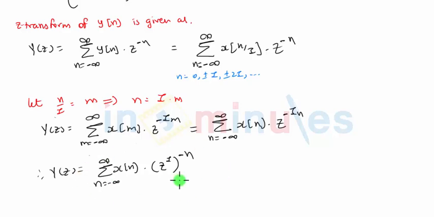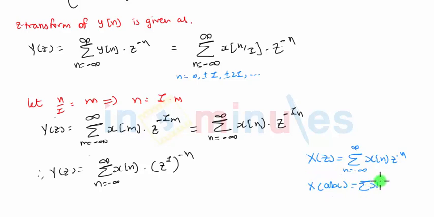If you observe the right hand side carefully, it is nothing but the z transform of x of n. That's simply because the z transform of x of n, X of z, will be equal to summation x of n into z raised to minus n, where n will vary from minus infinity to infinity. Let's say if I ask you what is x of abc, in that case it will be summation x of n into abc raised to minus n.